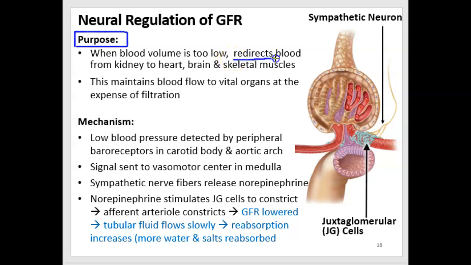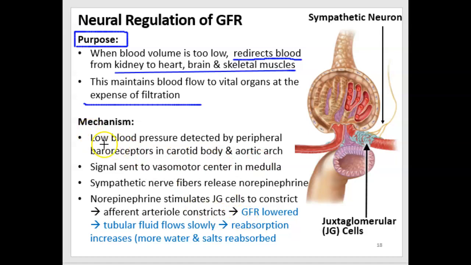And so blood is redirected from the kidney to vital organs, heart, brain, skeletal muscles, but heart and brain, I guess, would be most important. And so blood flow is maintained there, at the expense of filtration. So it's all about maintaining blood pressure and blood flow throughout to vital organs.